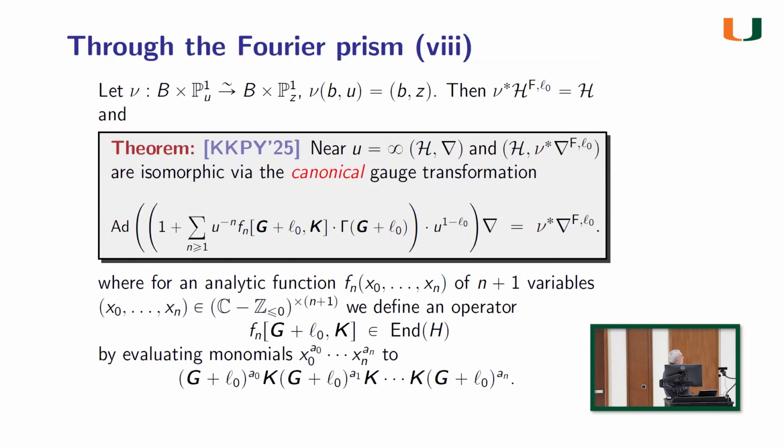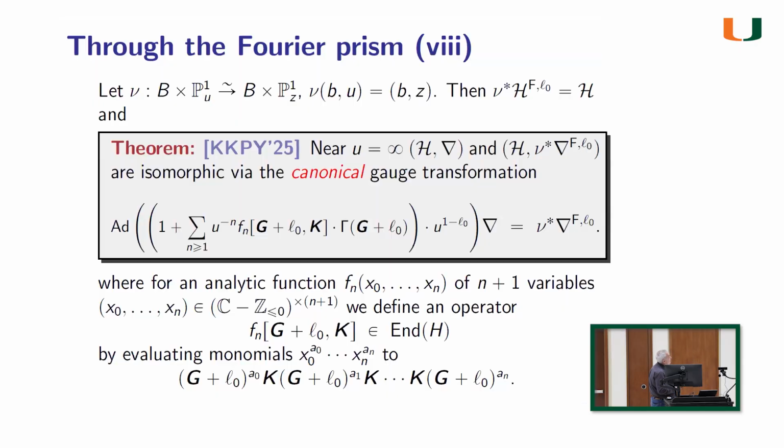And what these operators Fn are, they're actually values of some canonical analytic functions in n variables, or n plus 1 variables, where you evaluate a function on two operators by starting with a monomial and evaluating the monomial on an operator this way. So you evaluate the monomial on the first operator, and you insert the second operator between each two powers. And then take the limit.